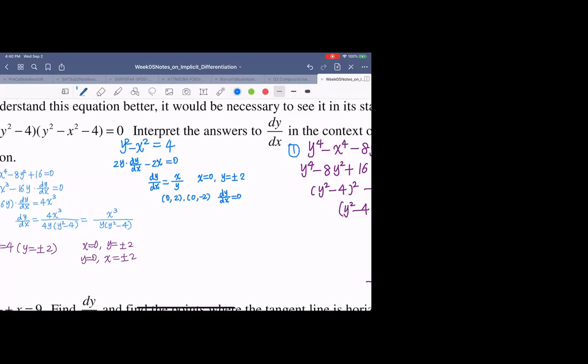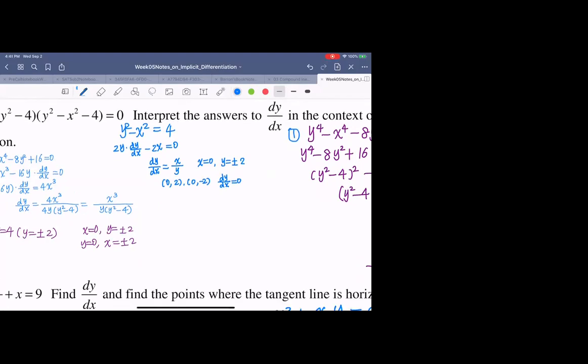Yes. And when y equals 0, x squared couldn't be negative 4, right? Yeah, x squared equals negative 4. This is impossible, right? Yeah. So that point doesn't exist.